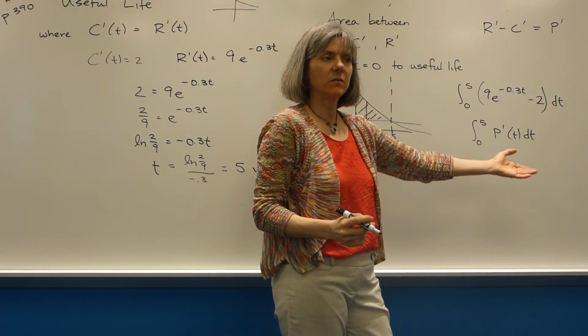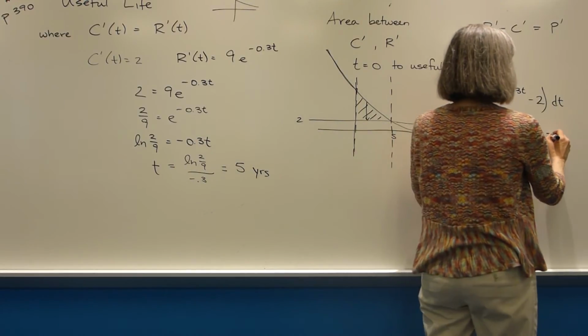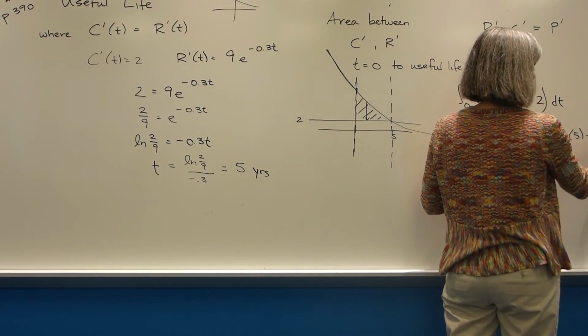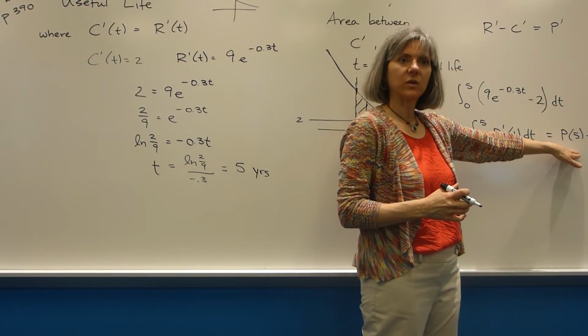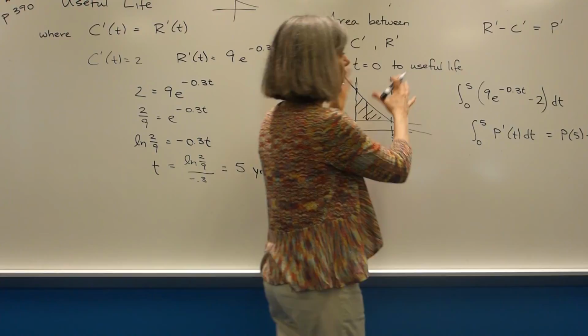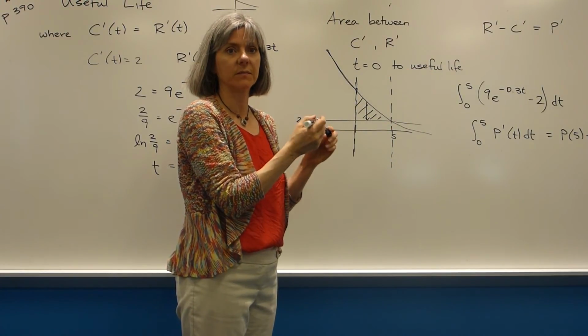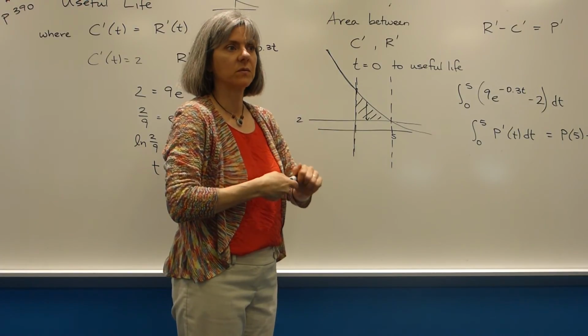It's going to be my total profit, right? This is going to end up being my profit at 5 minus my initial profit. So when you integrate a derivative, you get back to the original function. So really what this is saying is, what is my profit over the course of the useful life of this arcade game? That seems like a reasonable question to want to know the answer to.